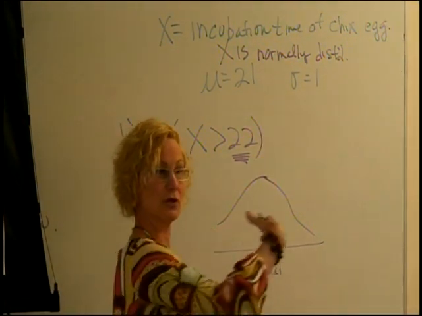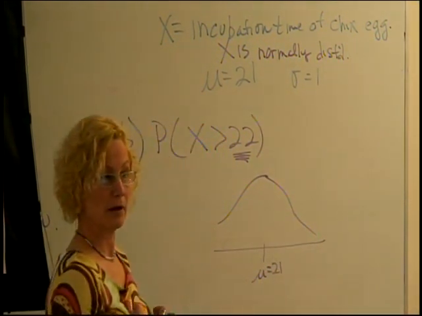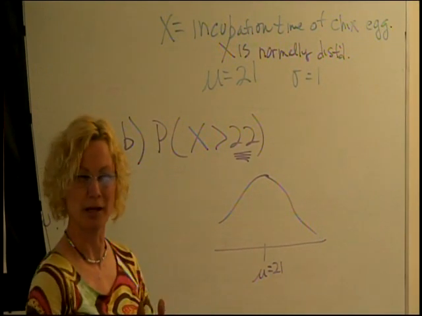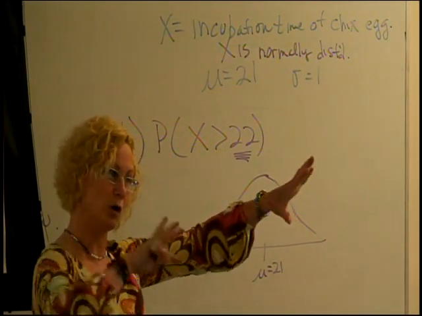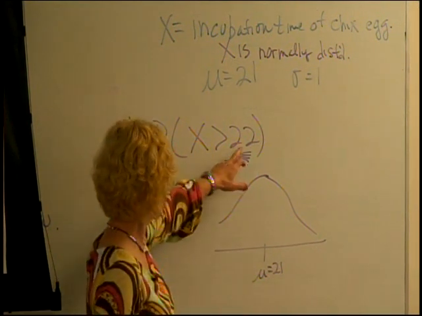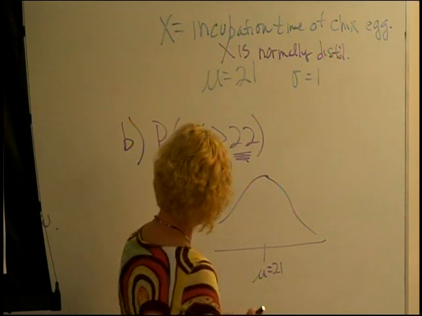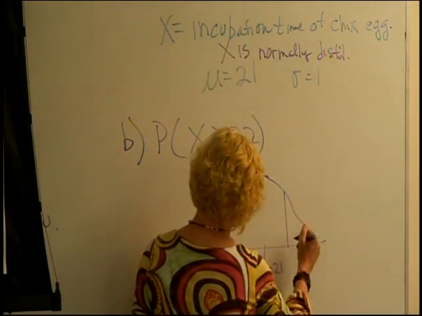The value that you're looking for, like a demarcation line between the piece of probability that you want and that you don't want, is at 22 days. So 22 days is bigger than the mean, so it'll go over here somewhere.